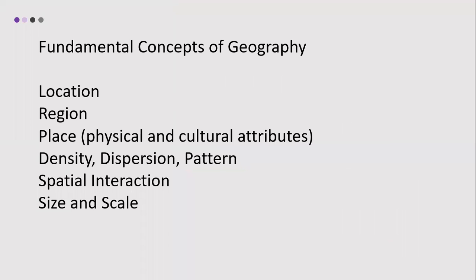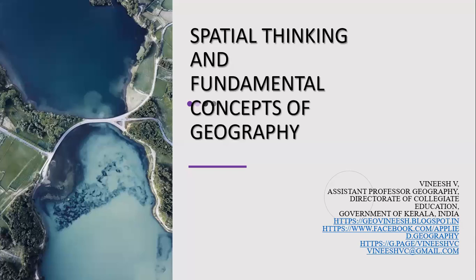That is location, region, and place. All three are included in the themes. In the concepts we have density, dispersion, and pattern, then spatial interaction, then size and scale. Those are the additional three.